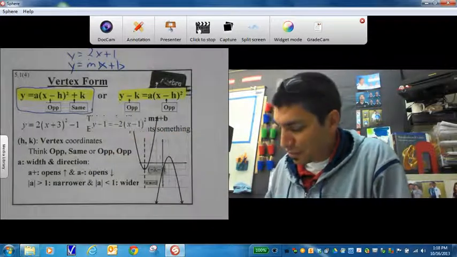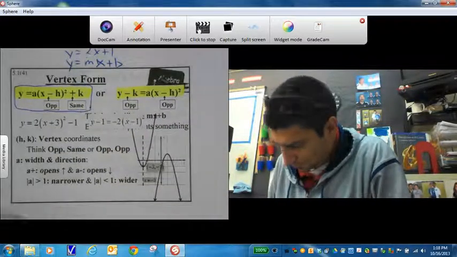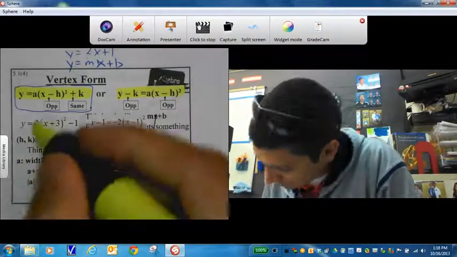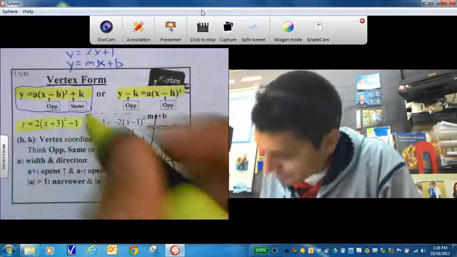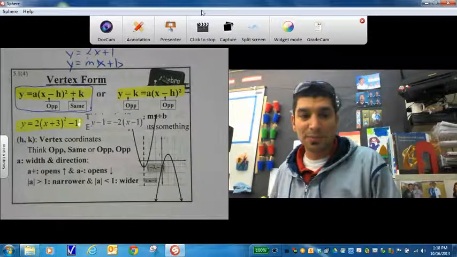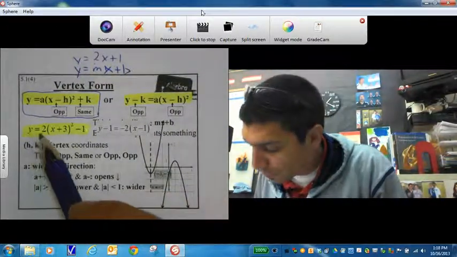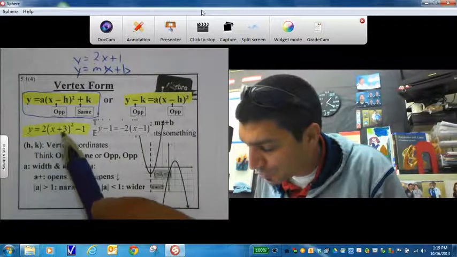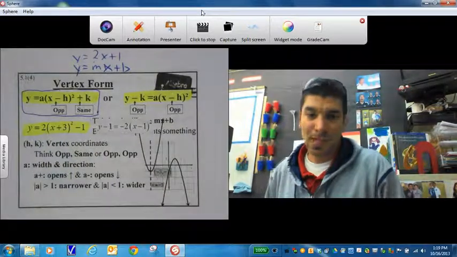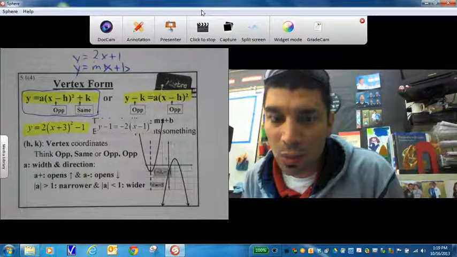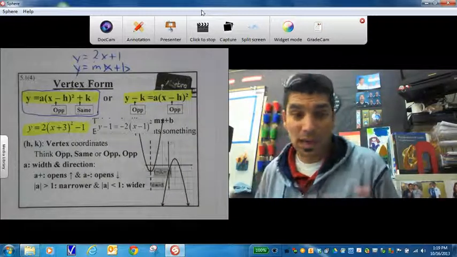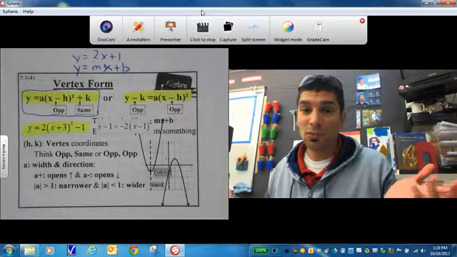Here's an equation. Okay, I have my basic equation up top, but here's my first problem. My first problem is y equals 2 times x plus 3 squared minus 1. If I know what h and k stand for, I just might know what the vertex is.